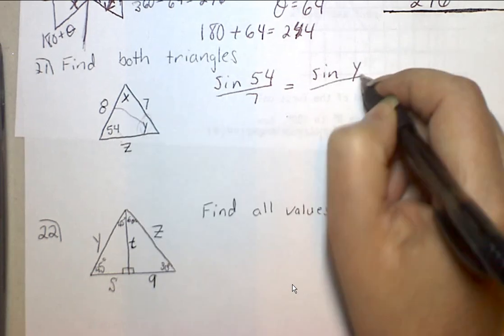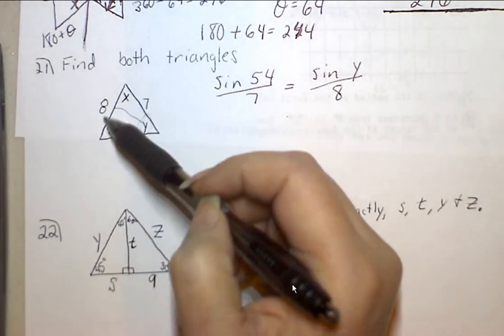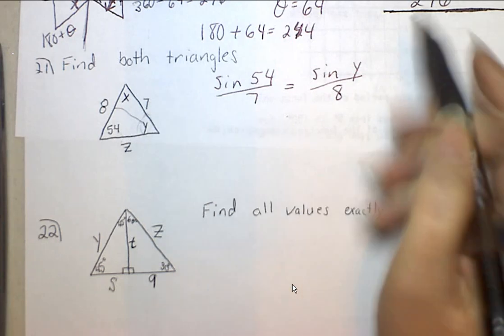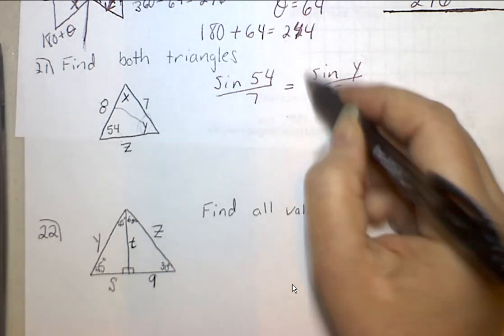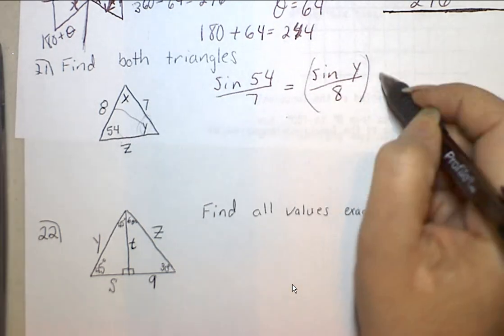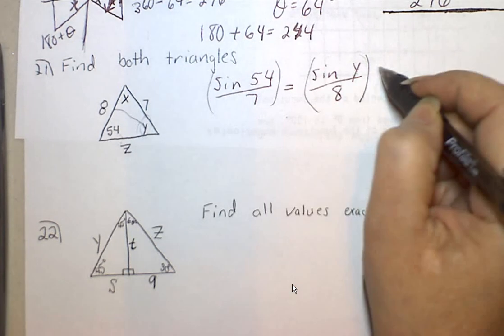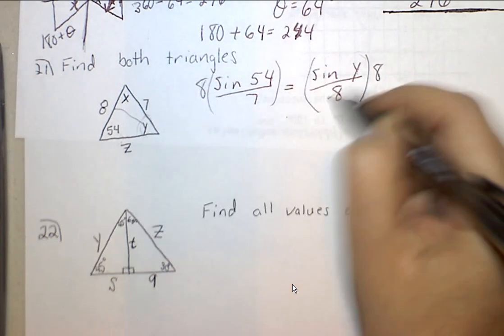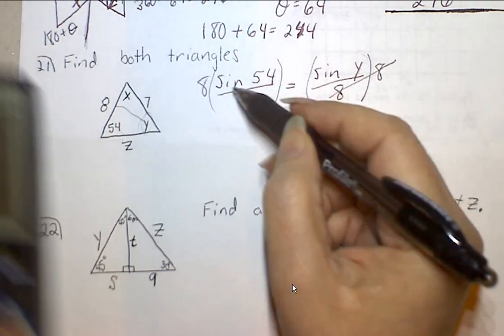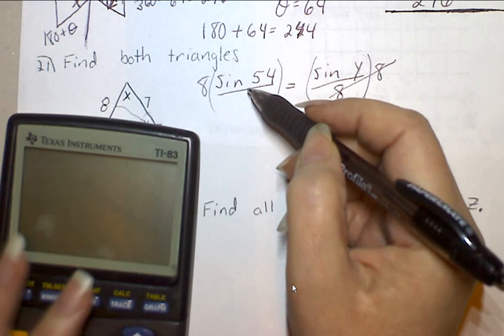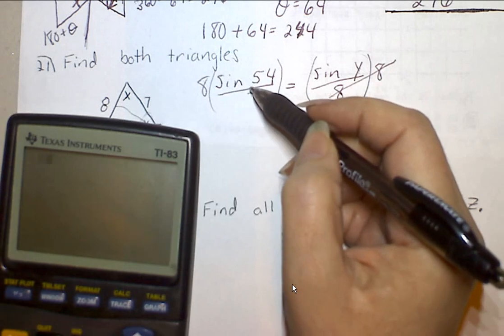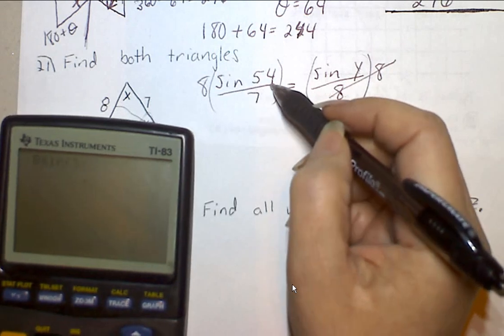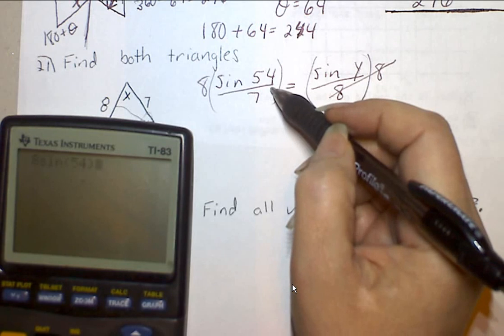Remember, it's always your angle over your side. So now I want to get this by itself, so I'm going to multiply both sides by 8. Gets rid of that. And on this side, I have 8 sine of 54 divided by 7.